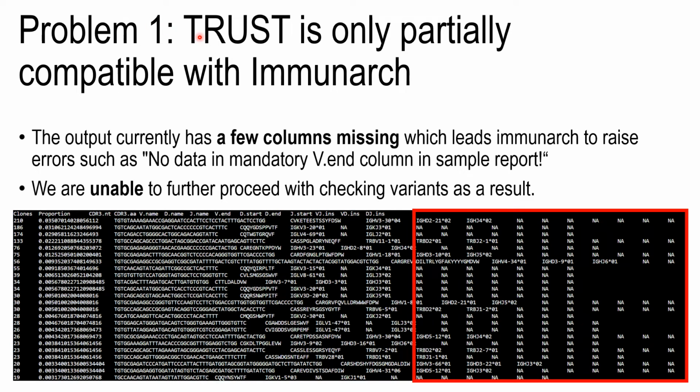TRUST is only partially compatible with ImmuneArc. The output currently has a few missing columns, which leads ImmuneArc to raise errors such as no data in mandatory VN column and sample reports.